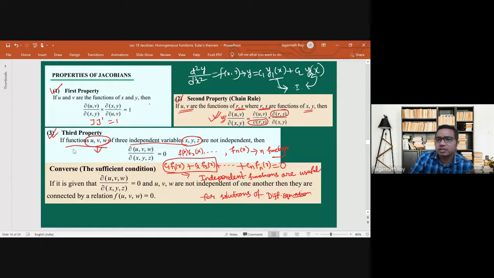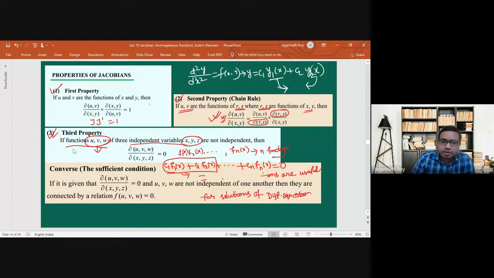I don't think here we say linearly independent, because these functions may not be linear. So here it is actually independent. Both of them are independent functions; they do not depend on each other. So that is the idea. For this, we have to use the concept of the third property.